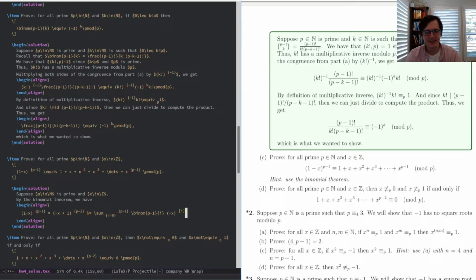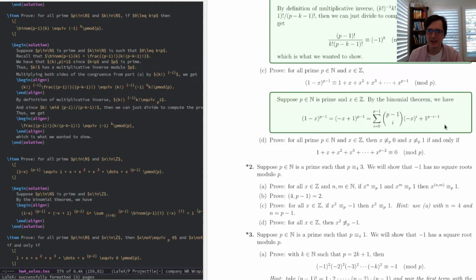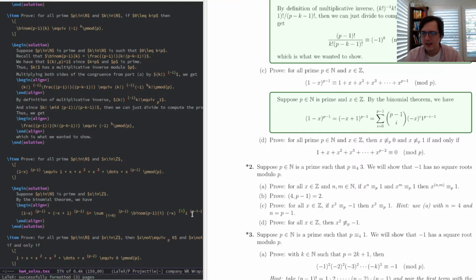Just better. It doesn't really matter. But that's taste. And this immediately simplifies. Okay, so that's one way to write the binomial theorem. Ooh, wait, what am I doing? That should be a times. Okay.